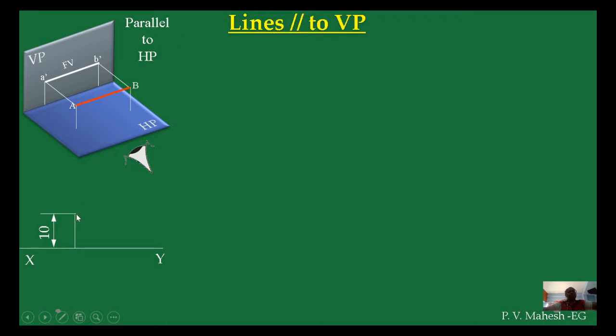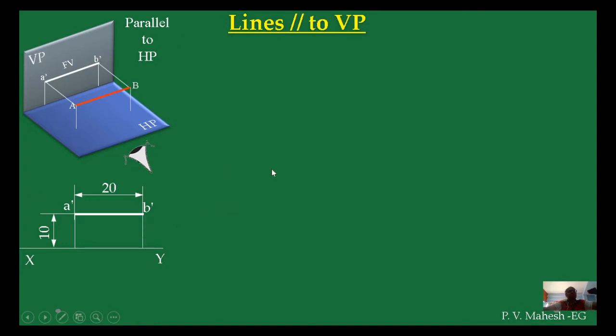Now what do you have to do? You have to find the orientation of this line with HP. Here the line is parallel to HP, so the front view is parallel to XY. What is the length here? It is the true length, and we are taking 20 mm in this question. Once this 20 mm is drawn, you drop a projection from B dash to XY.